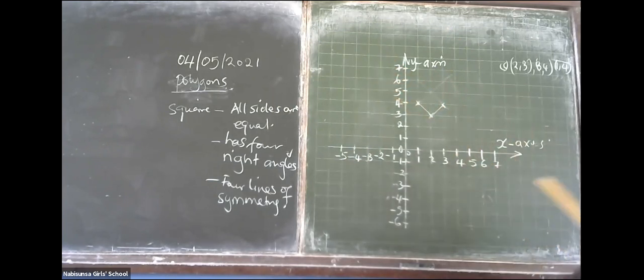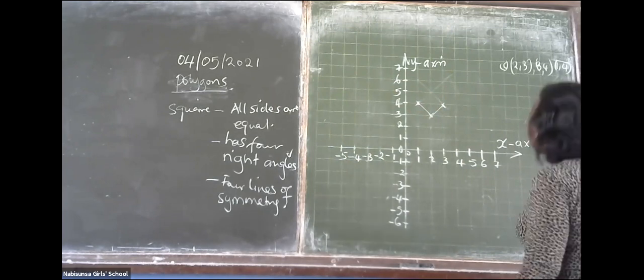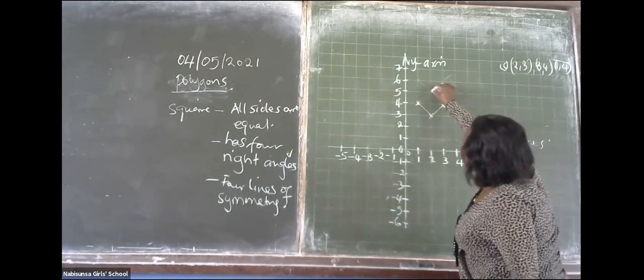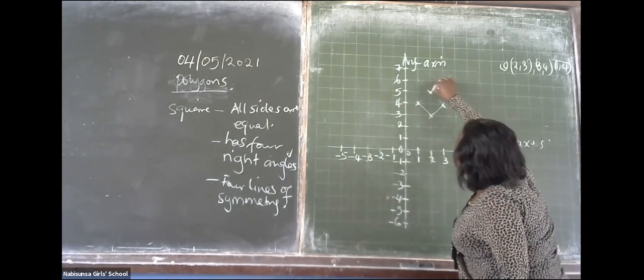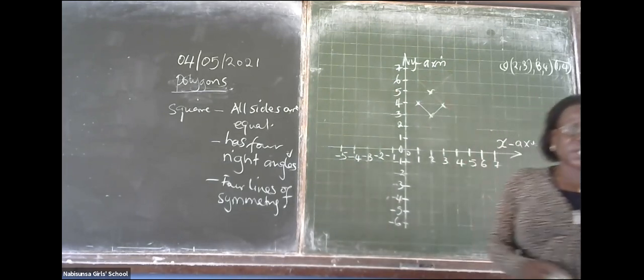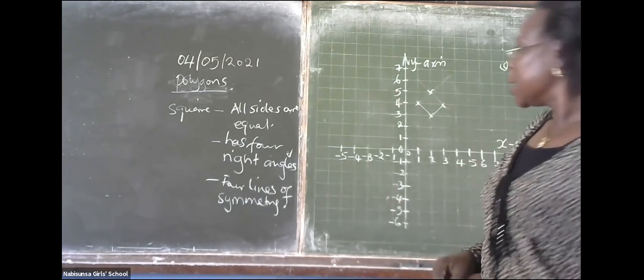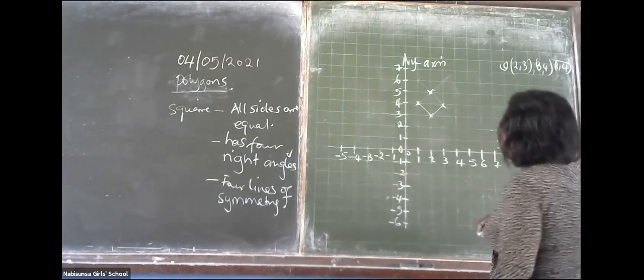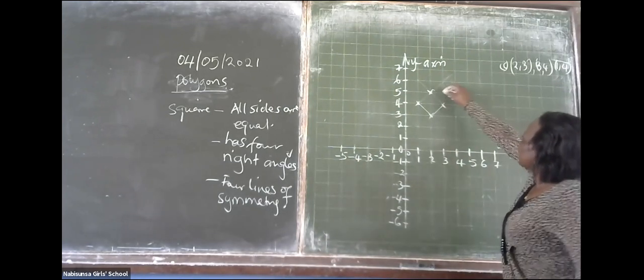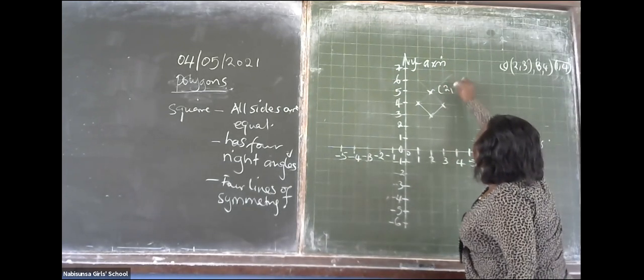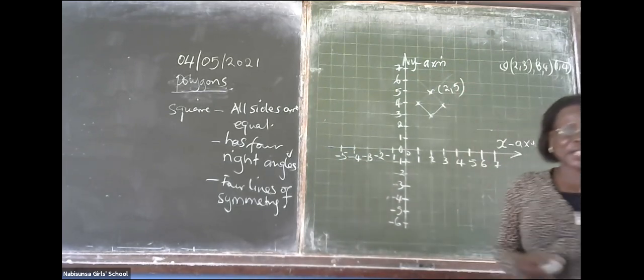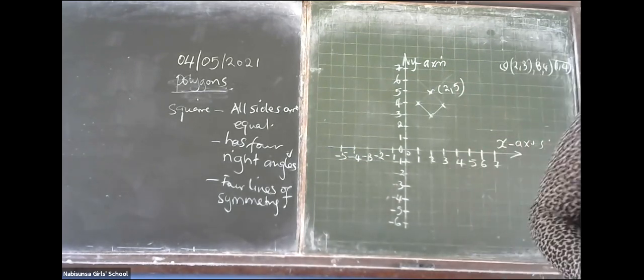Where do the two intersect? So can you give the coordinates of the remaining point? 2, 5. Thank you very much.